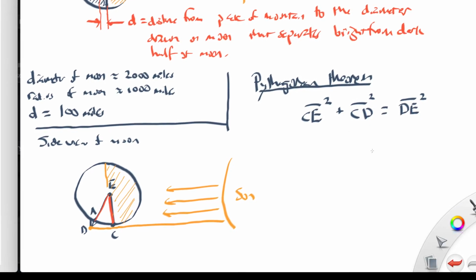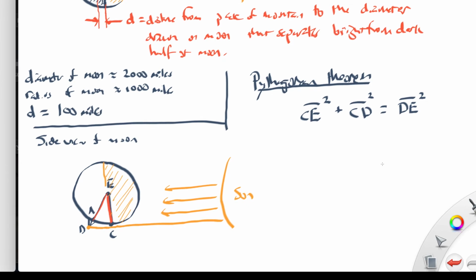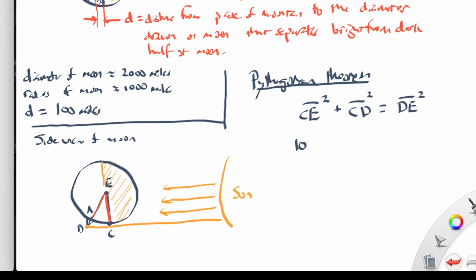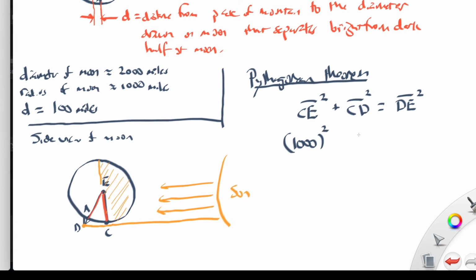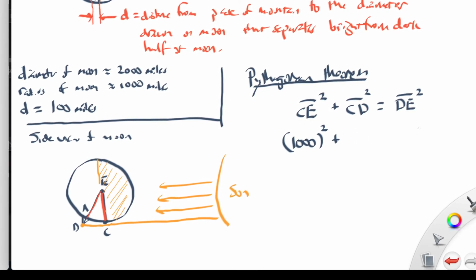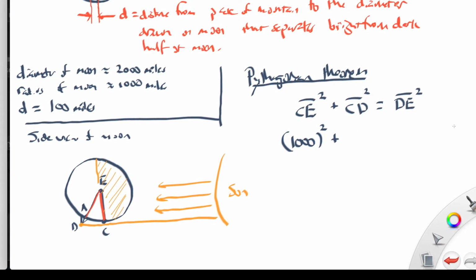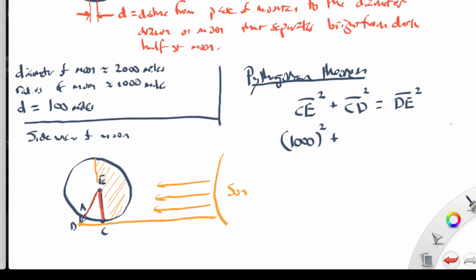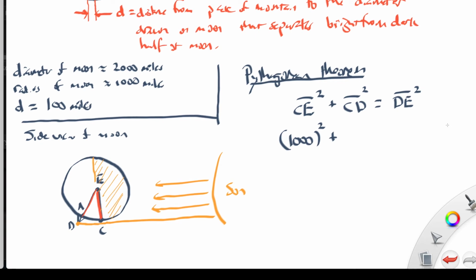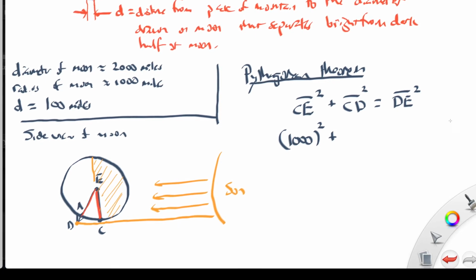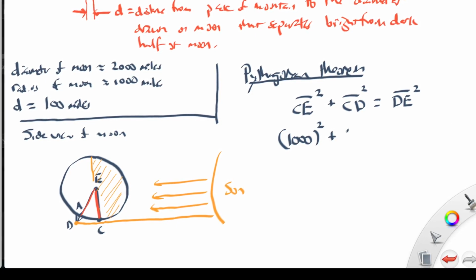Now, note that CE is just the radius of the moon. So that is going to be 1,000 miles. I won't write miles, I'll just write 1,000 squared. What about CD? Well, that's the distance from that halfway point, the line between where it's illuminated and unilluminated, over to the bright spot where the mountain is seen. And he says that is 100 miles.